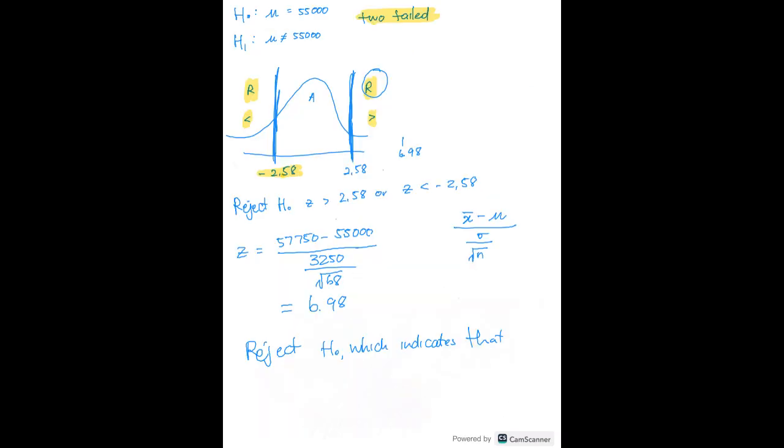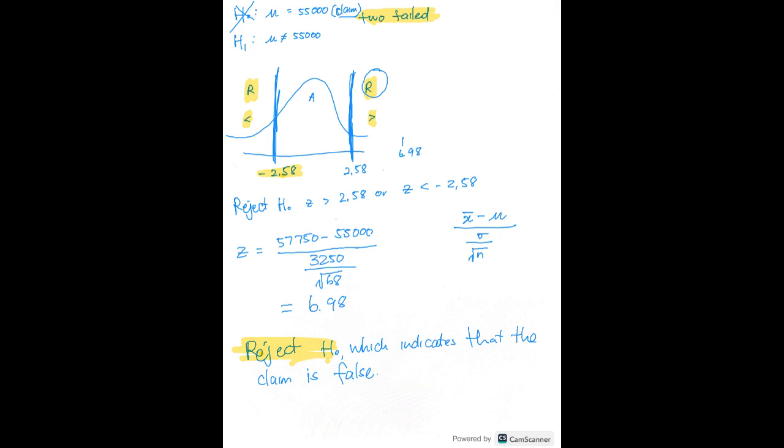So his claim was in the null hypothesis. So if you are rejecting the null hypothesis, then this is saying that the null hypothesis is wrong. And if the claim is there, this indicates that the claim is wrong as well. So the claim is false. And that's it for your interpretation.